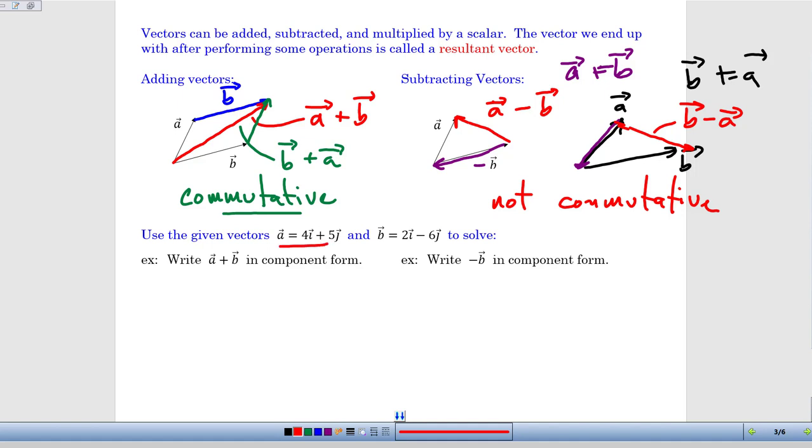And so in the examples that follow, we've got these two vectors that are given to us. The components are A and B. So we could sketch those out if we wanted to, and we will on some of the examples going forward.